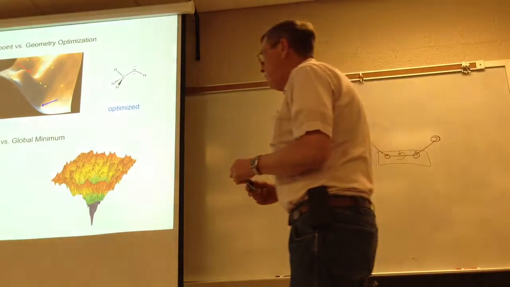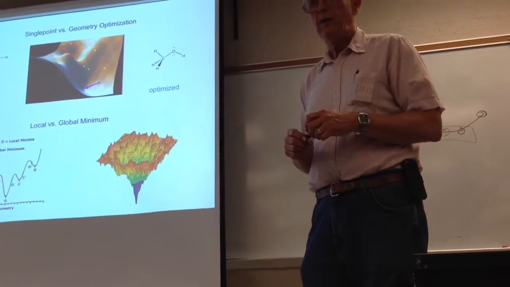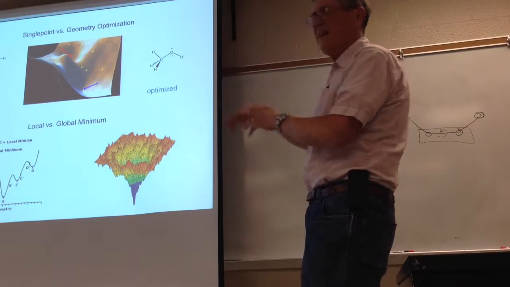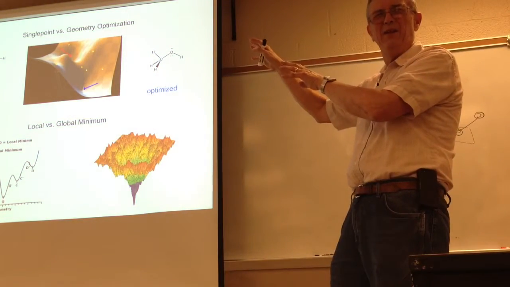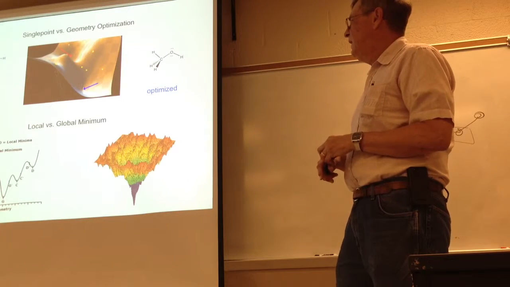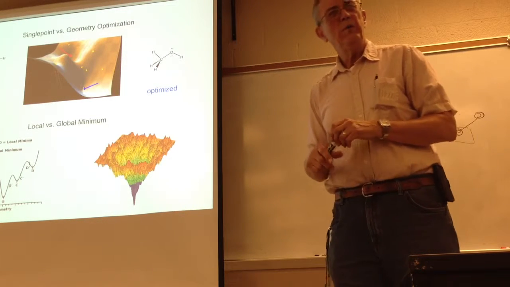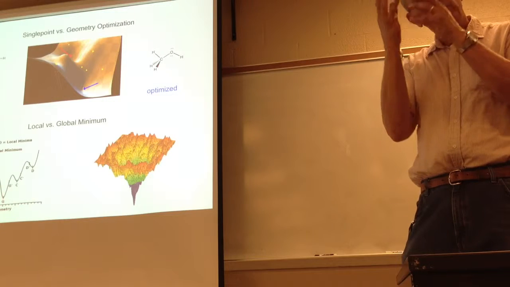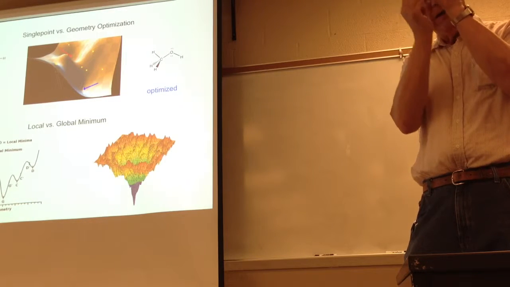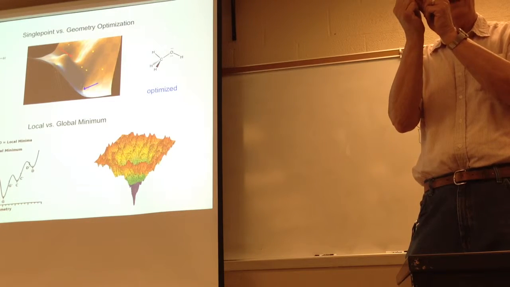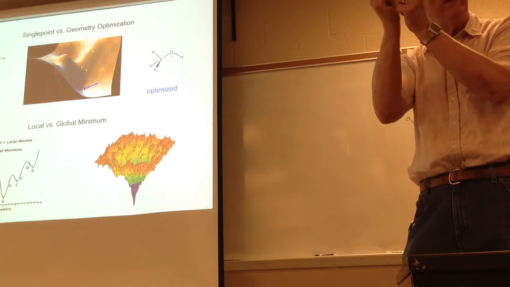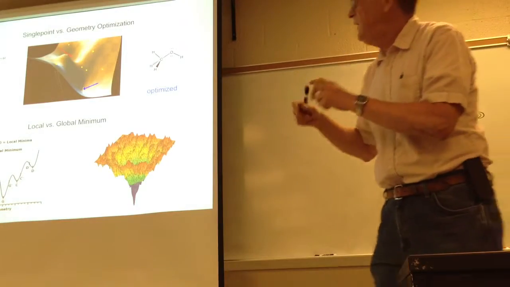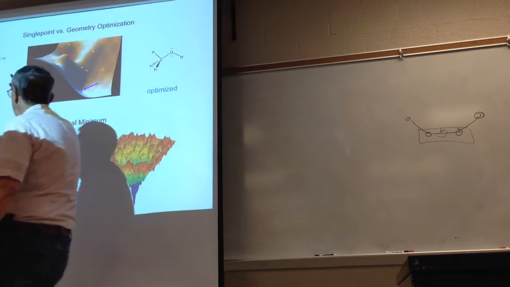In other cases, and in fact, in most cases, you're going to say, well, I kind of got it reasonably close. Why don't you, computer, now go move those atoms around just a little, each one just a little bit, and what happens to the energy each time I move one? If the energy's going down, well, keep them moving that way. Okay, I'm going to move this oxygen a little bit.